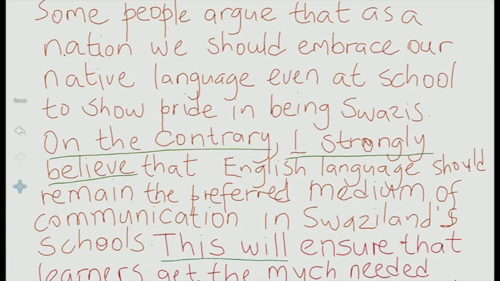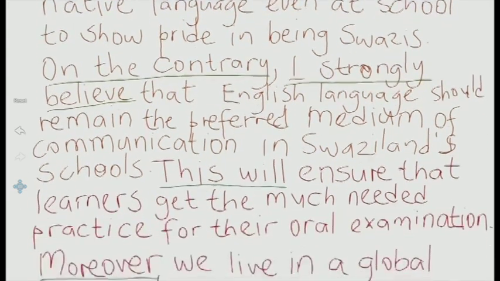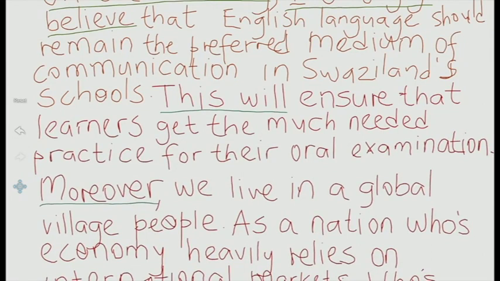We called them concession phrases or phrases for contrast, which is "on the contrary," which then changes the direction of tone, direction of argument. You're saying, "I strongly believe," which we called what? Opinion phrases. "I strongly believe that English language should remain the preferred medium of communication in Swaziland's schools. This will ensure that learners get the much needed practice for their oral examination."